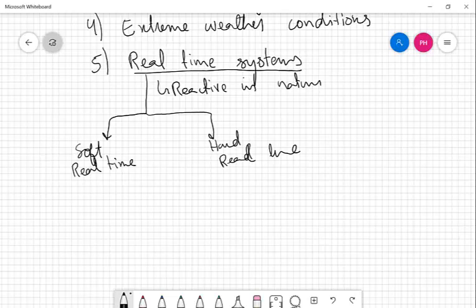We have another one, cost sensitive. These embedded systems may be used in devices that cost as low as maybe 1,000 rupees. And another thing, they are only a part of the total functionality of the device.